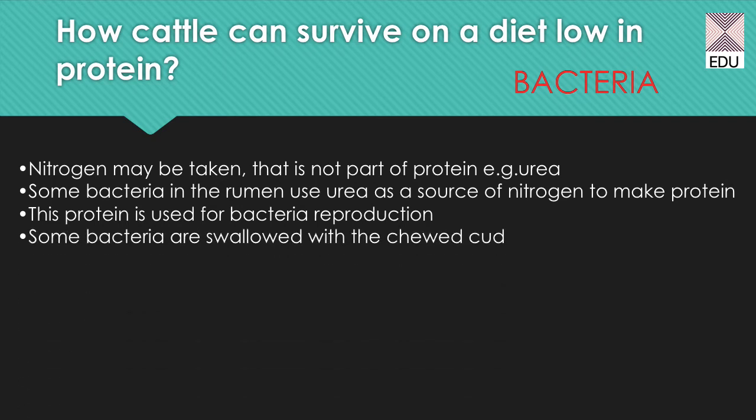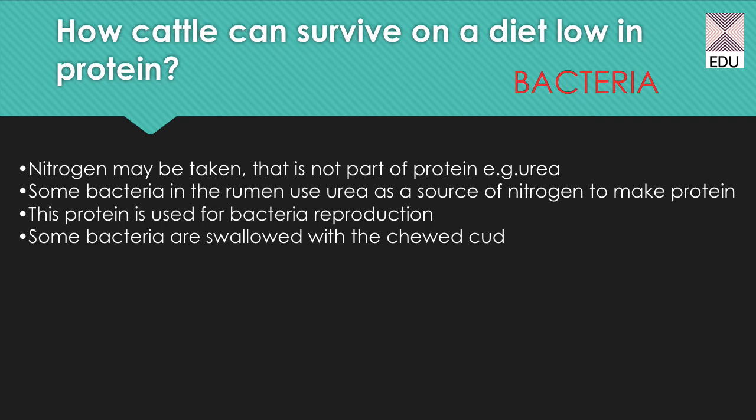Some bacteria are swallowed with the chewed cud. The bacteria produce this protein from urea. I think this is very much clear to you. The bacteria use urea and make protein.